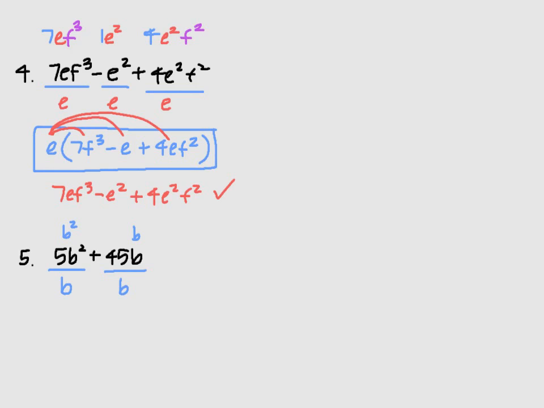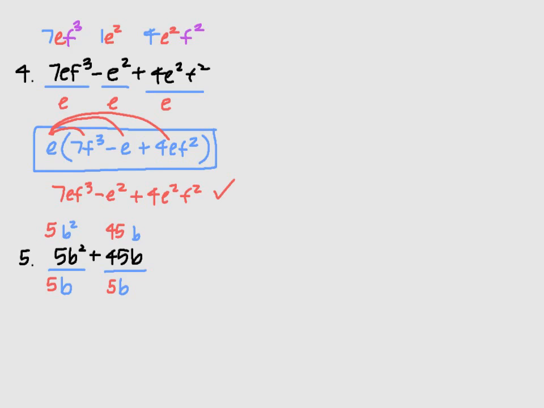I also see that I have the coefficients 5 and 45. The greatest common factor of 5 and 45 is the number 5. So both the number 5 and 45 have the number 5 as a factor. So what this means is that I have 5b as my greatest common factor.